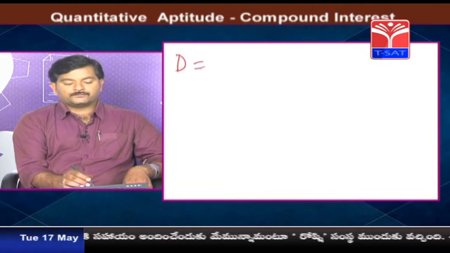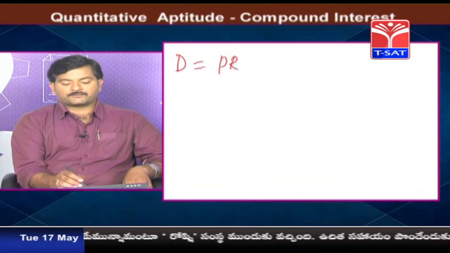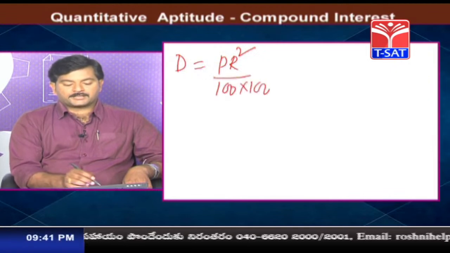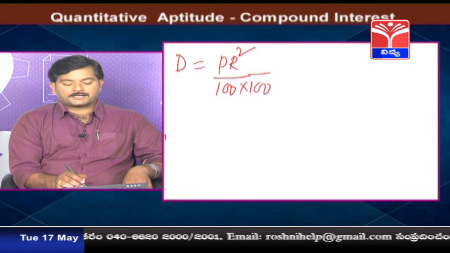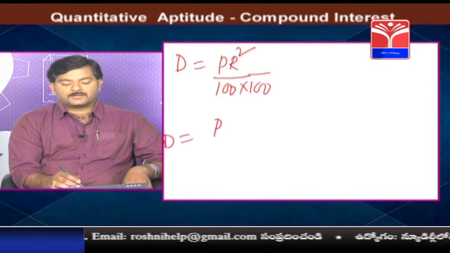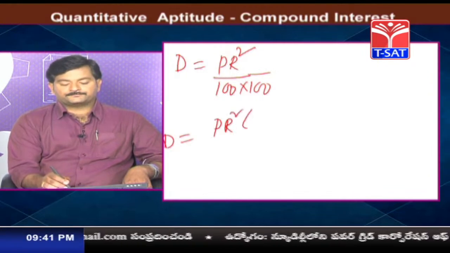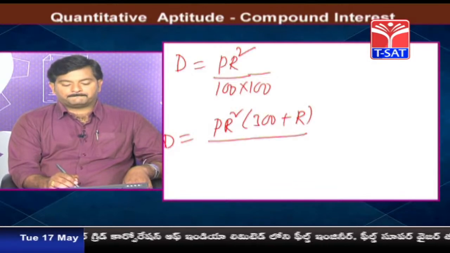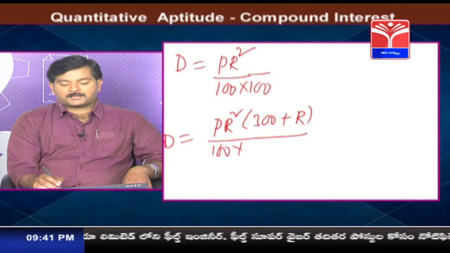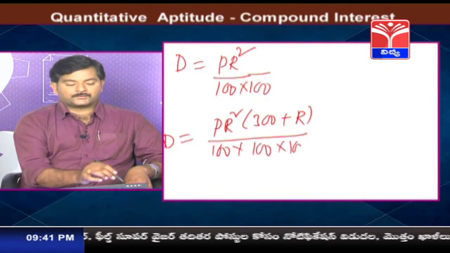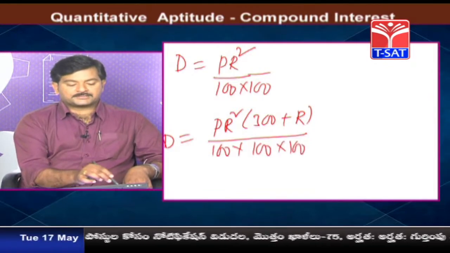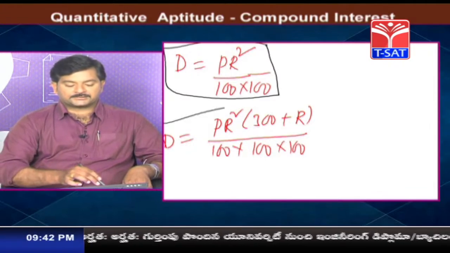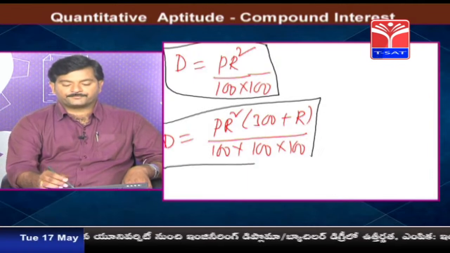D is equal to PR square by 100 into 100, and again D is equal to PR square into 300 plus R by 100 into 100 into 100. The first is exclusively for 2 years, and the second is exclusively for 3 years.